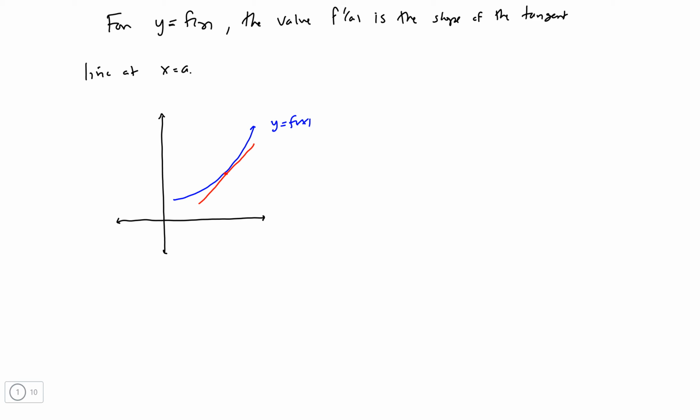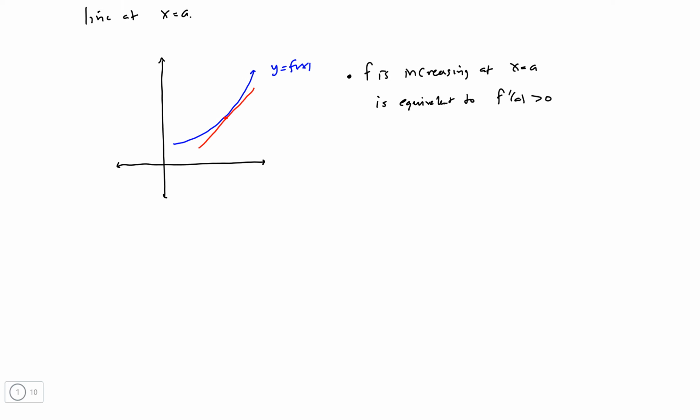So f is increasing at x equals a is equivalent to the derivative being positive. We can measure increasing based upon the sign of the derivative.